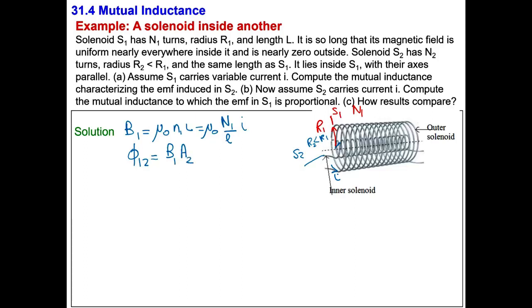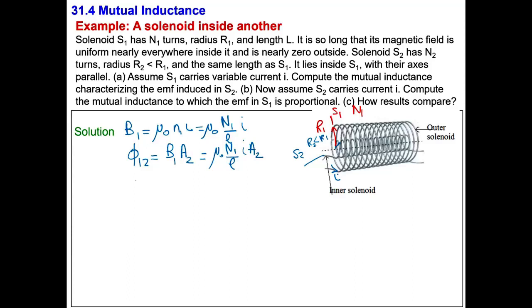The flux through this is going to be B times this area here. So this becomes mu0 N1 divided by L times the current times the area A2. Let me keep it as area, it's pi r2 squared. Let me just call it A2, in order not to carry a lot of equations.